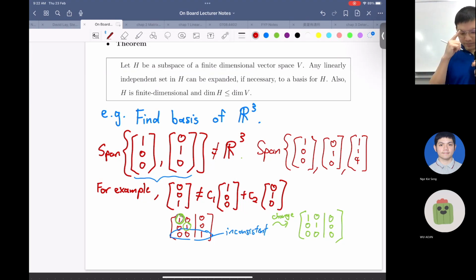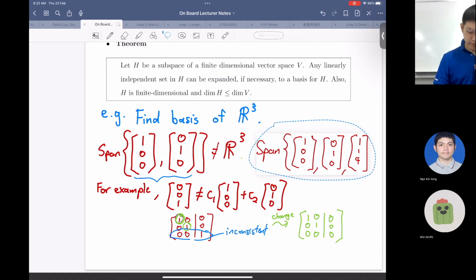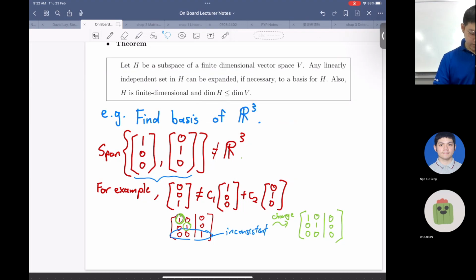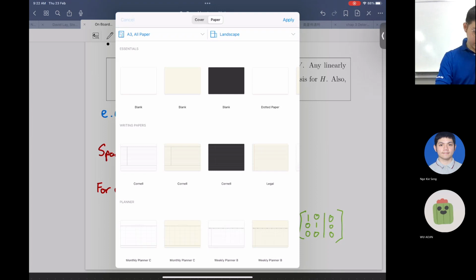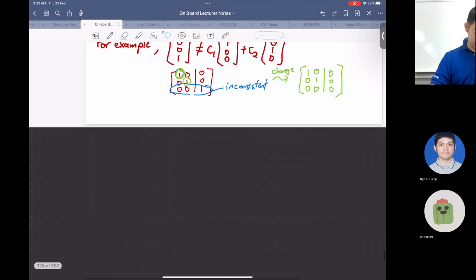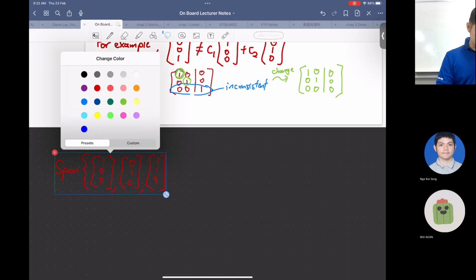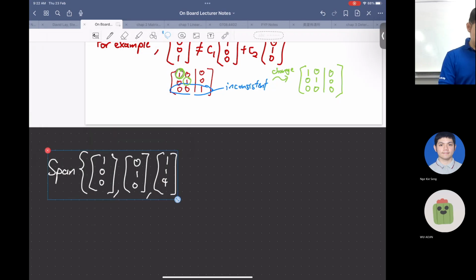So first of all, let's check whether these three vectors are actually a basis of R3 or not. Okay, so let's ask the question again: have we got the basis vectors for R3 now?